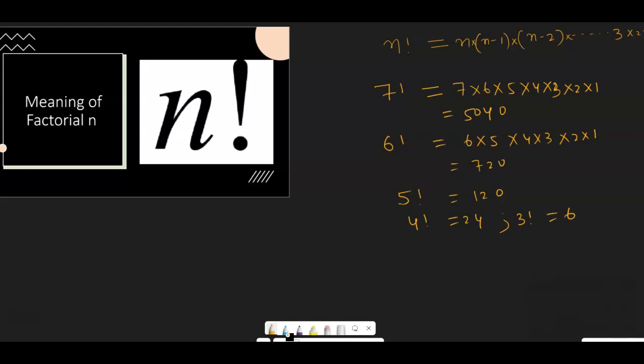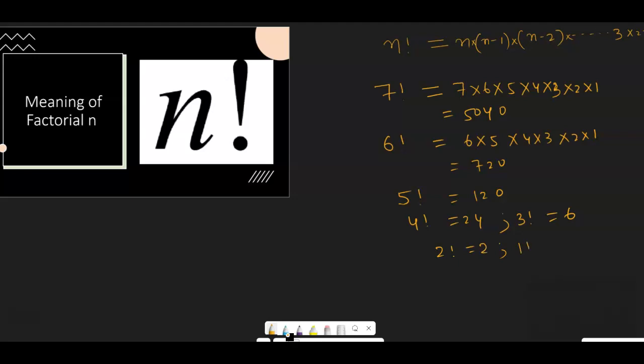Factorial 3 equals 6. Factorial 2, because it is the product of the first 2 natural numbers, natural numbers start with 1 and then 2, the result is going to be 2.